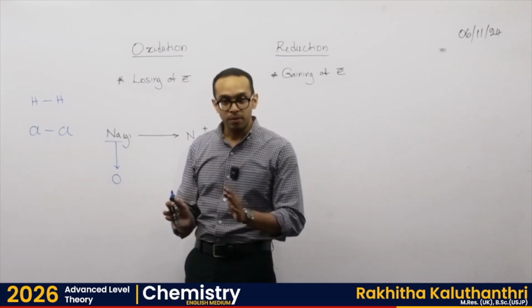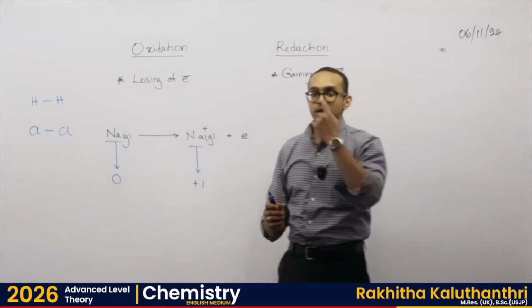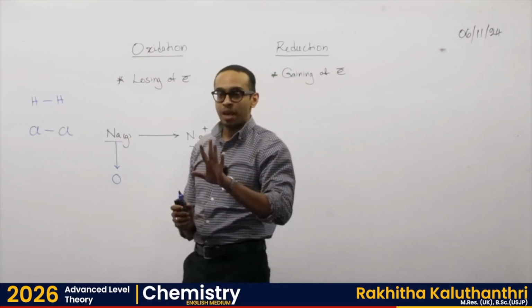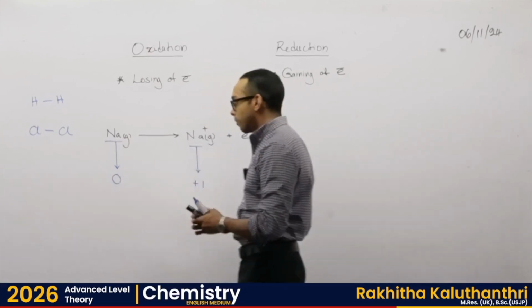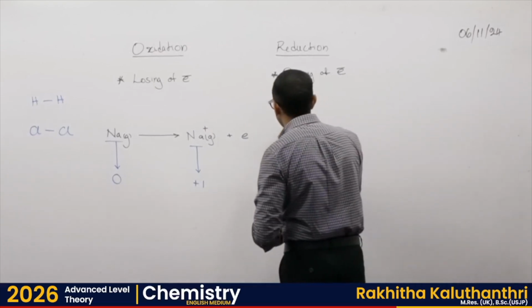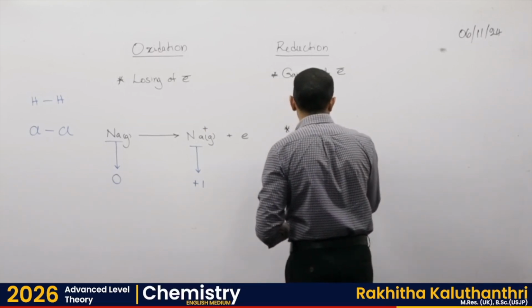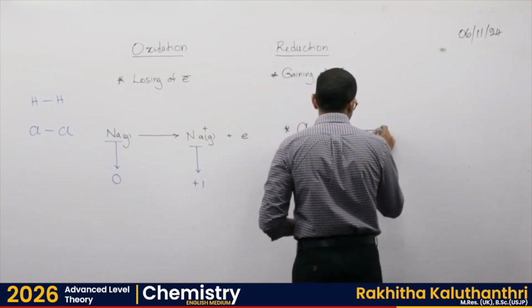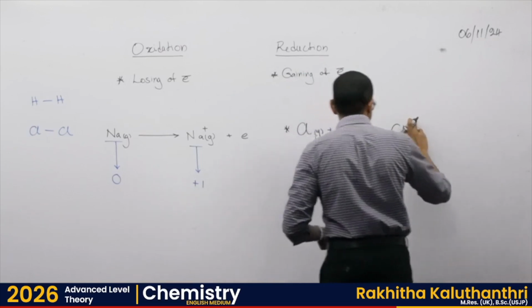Is it understood? Right? So basically, elements in general, we say are having 0 oxidation number. Is that clear? So now if you take chlorine over here, a gaseous atom of chlorine can gain an electron and turn into chloride. Right? Chloride.